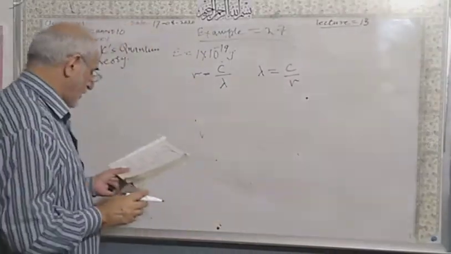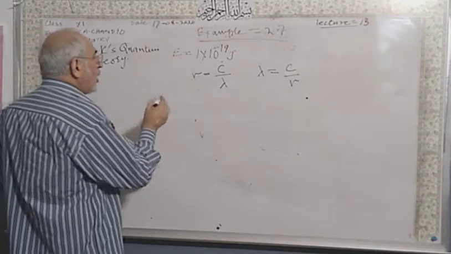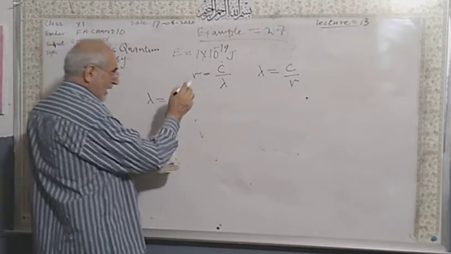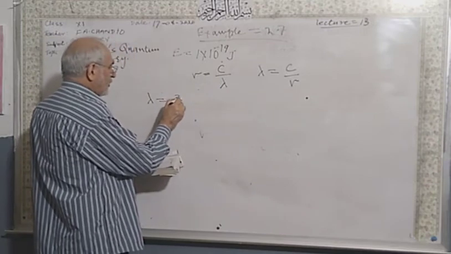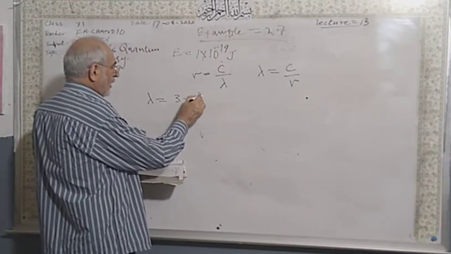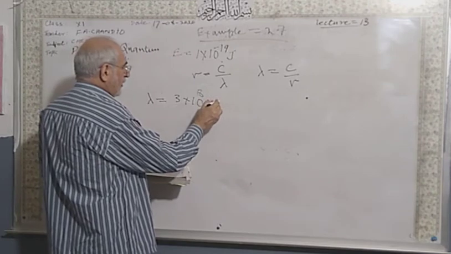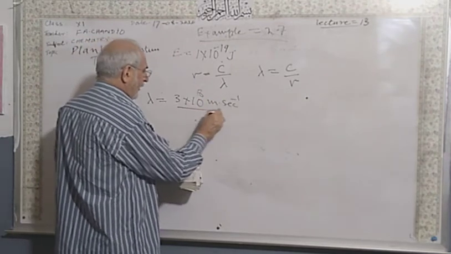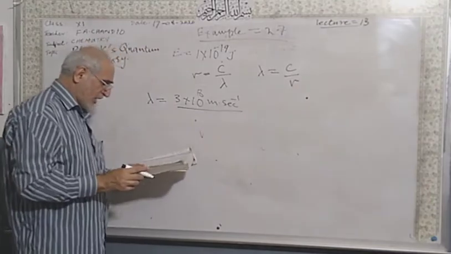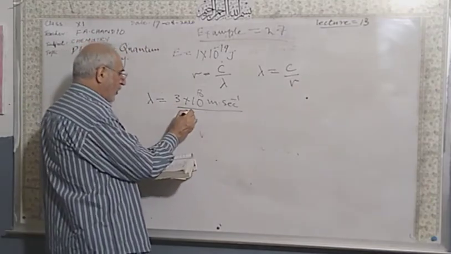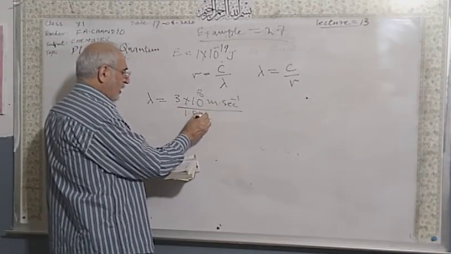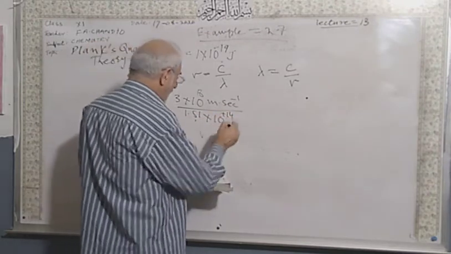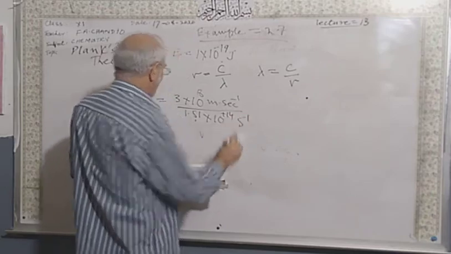Now c, the velocity of light, is 3 into 10 raised to power 8 meters per second, divided by the frequency we just calculated, 1.509 into 10 raised to power plus 14 per second.